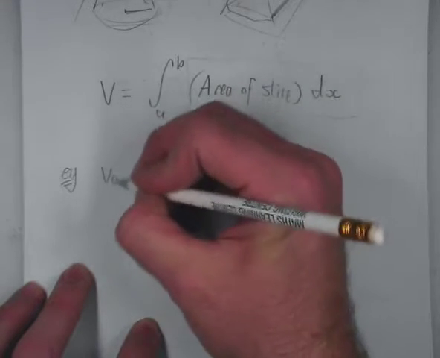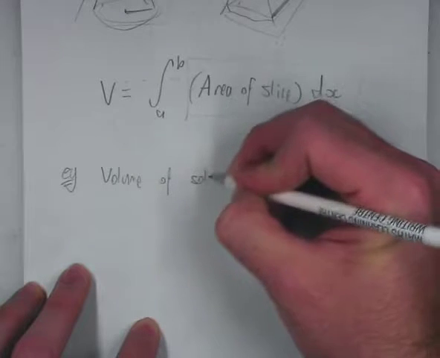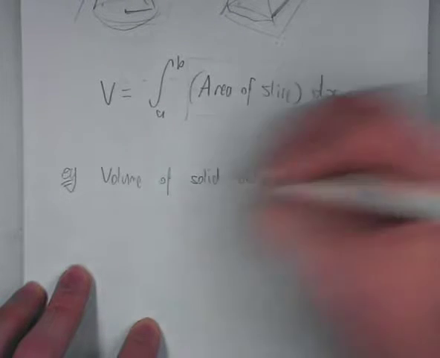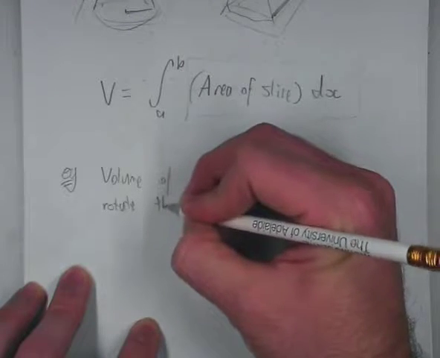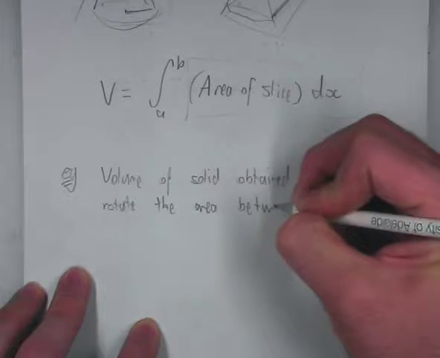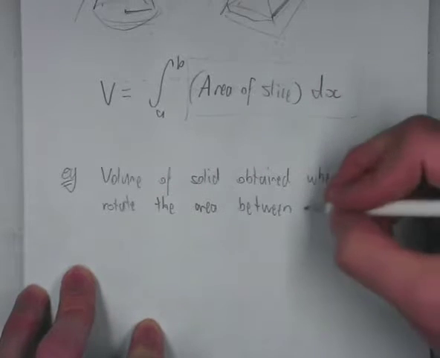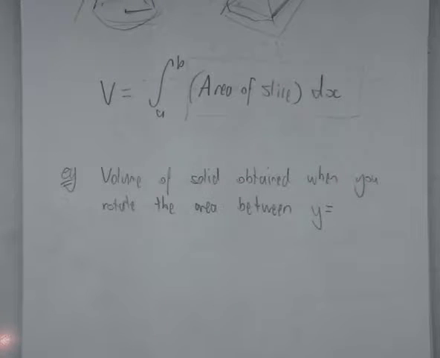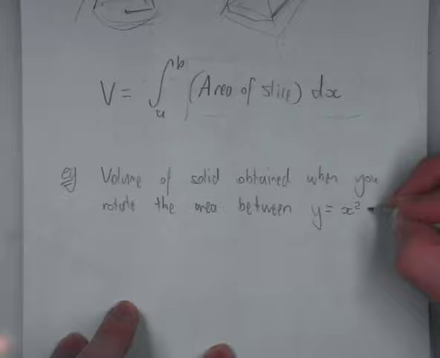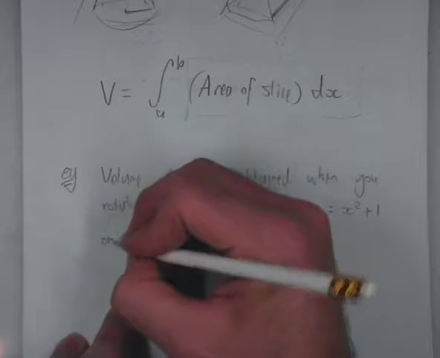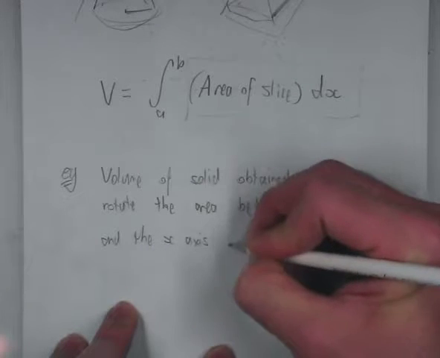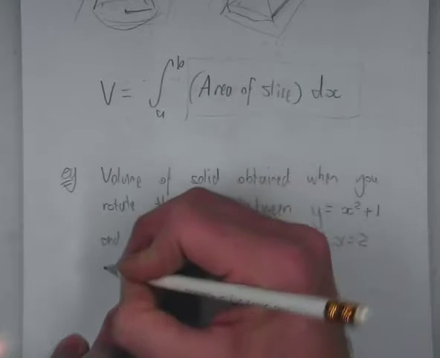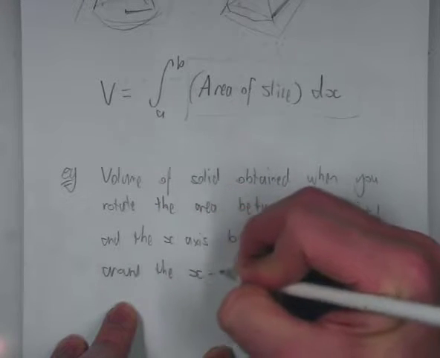So example: the volume of solid obtained when you rotate the area between y equals x squared plus 1 and the x-axis between x equals 1 and x equals 2 around the x-axis.